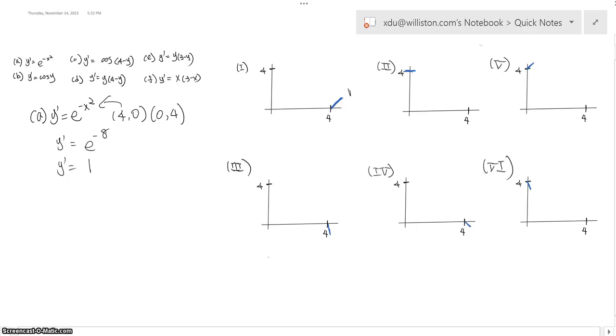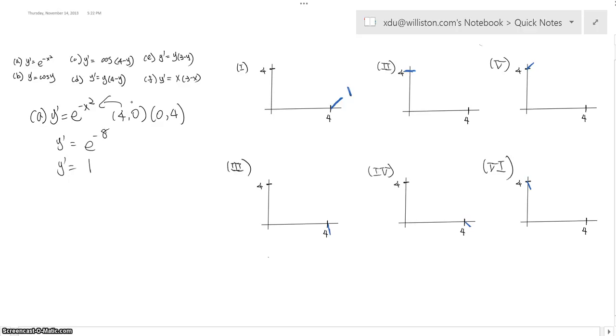For 0, the slope field looks like 1, and both of these two are negative slope fields. So 0 doesn't match any graphs.